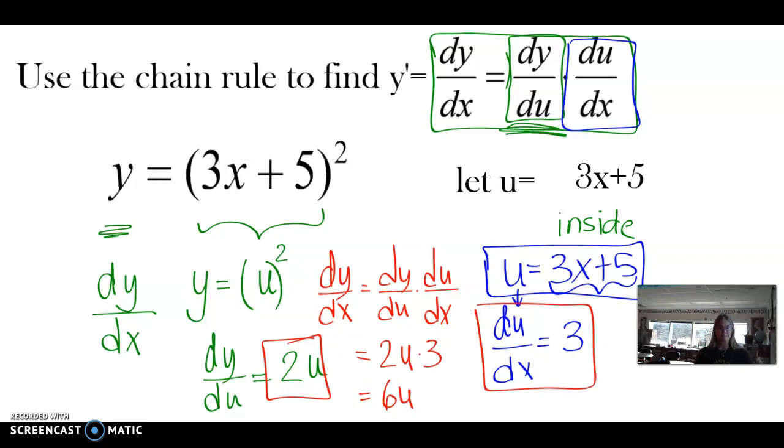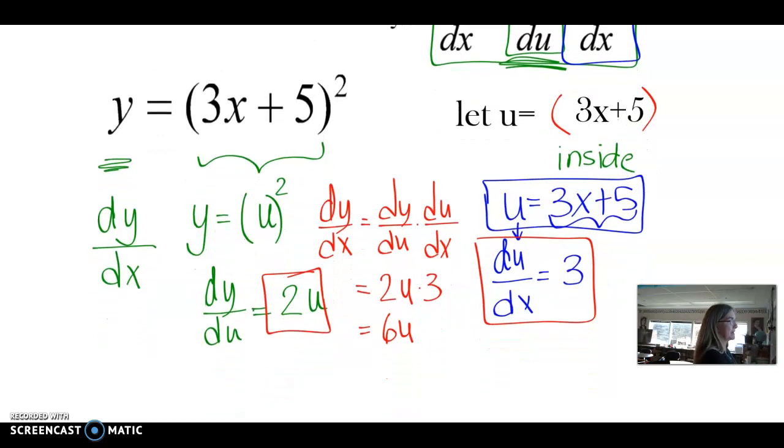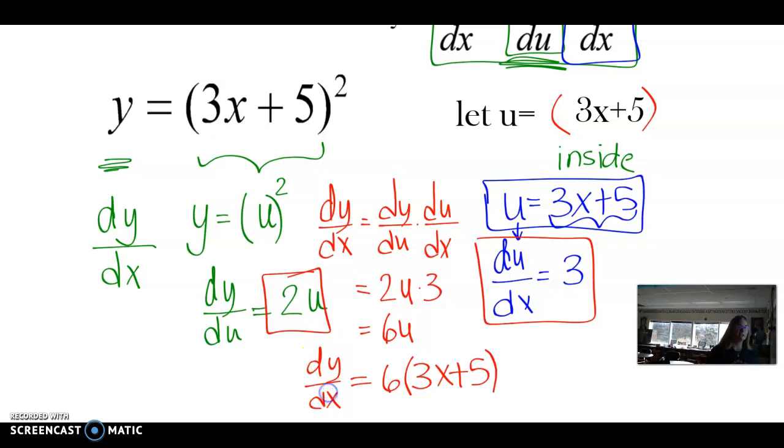But now we want to substitute back in what u is equal to, and that is 3x plus 5. I'm going to put that back in for this u right here. So 6 times 3x plus 5 is my final derivative. That is the derivative of this function.